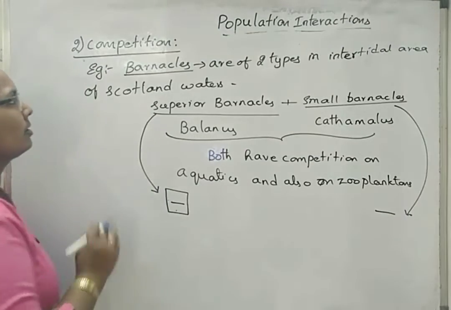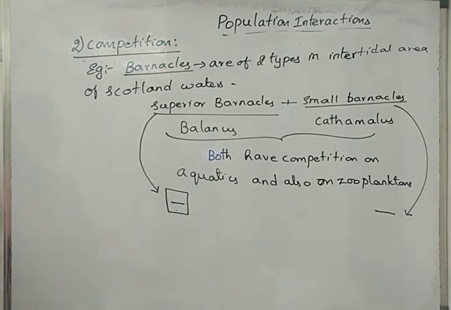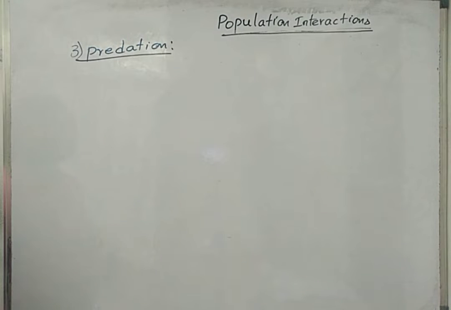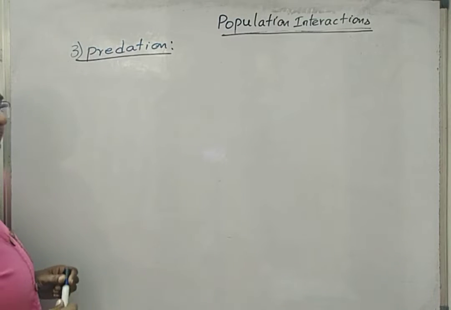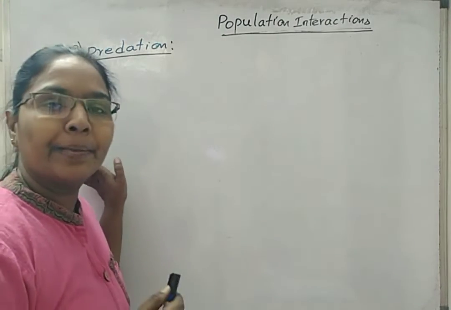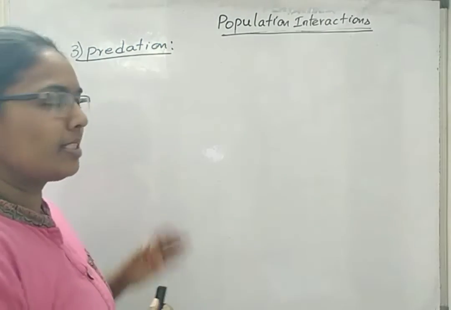So this is about competition type of population interactions. Next, predation type of population interactions. Here we can say that predators maintain biodiversity.